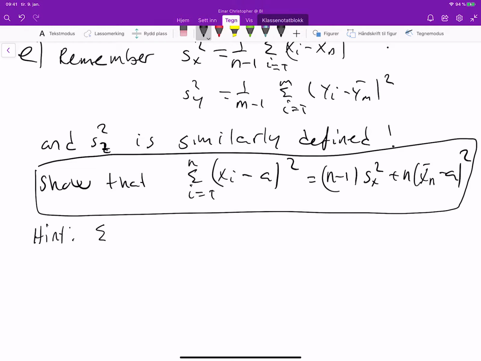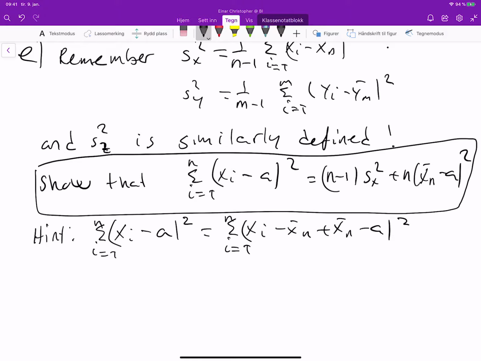The sum of (xi minus a) to the power of 2, i equal 1 to n, is equal to the sum, i equal 1 to n, of (xi minus x bar n plus x bar n minus a) to the power of 2.